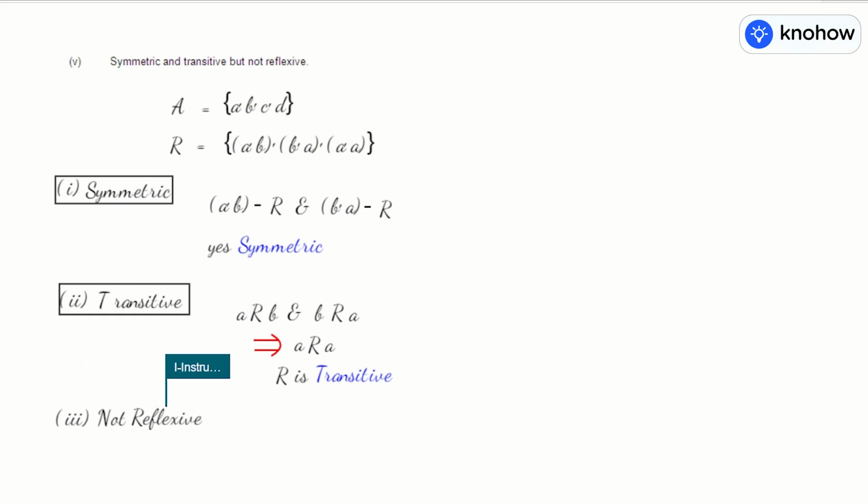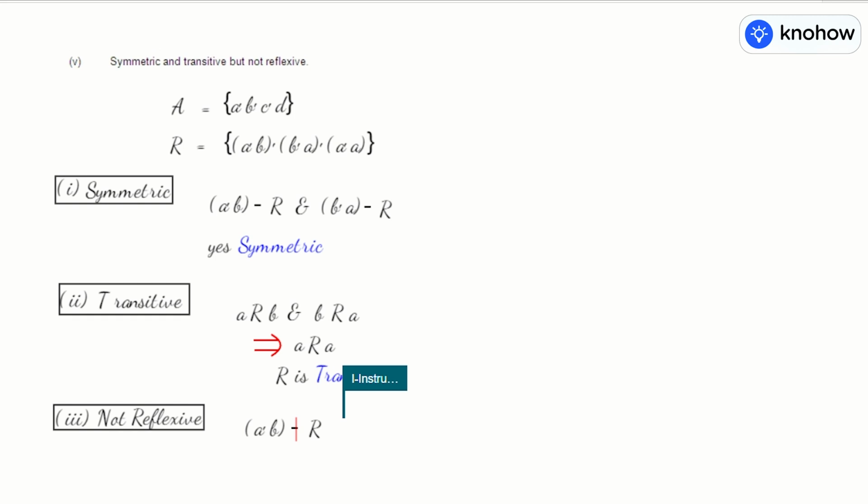Because there are 4 elements a, b, c, d, each element should be related to itself. (a,a), yes, it is there. But what about (b,b), (c,c), (d,d)? (b,b) does not belong to R, and so (c,c) and (d,d); D is not related to D. So obviously R is not reflexive. So this is an example of a relation where R is not reflexive, but it is very much symmetric and transitive.